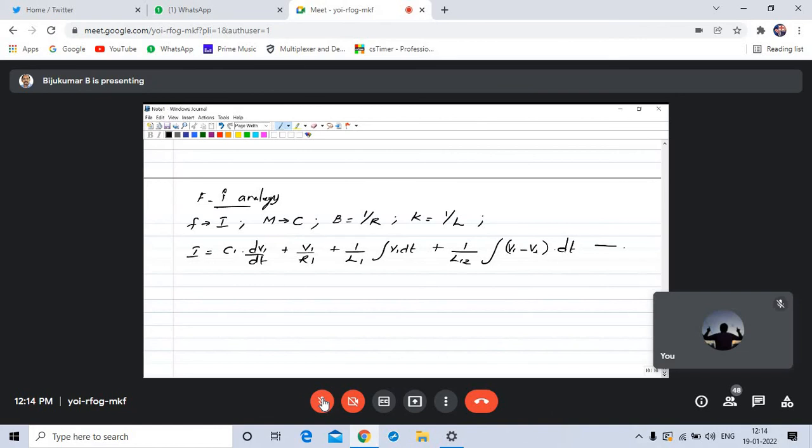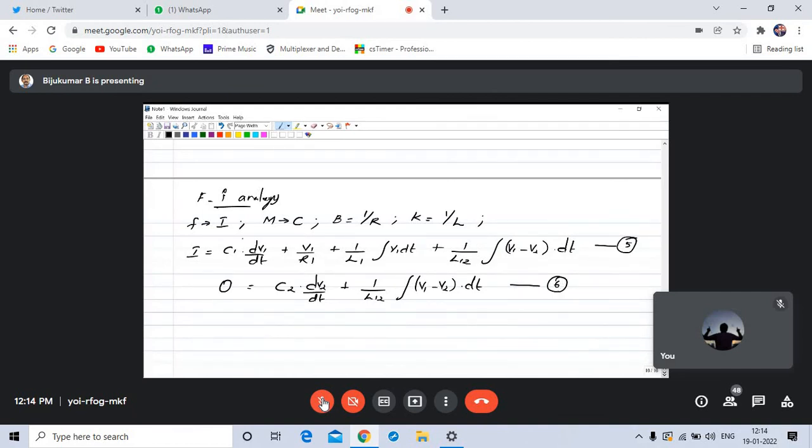Right? This is one equation. Another equation, how can we write? 0 equal to C2 into dV2 by dt plus 1 by L12 integral (V1 minus V2) dt. So again we are having two equations, equation number 5 and equation number 6.